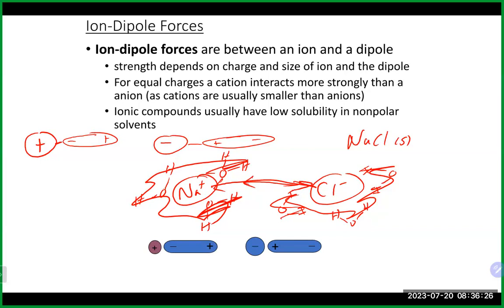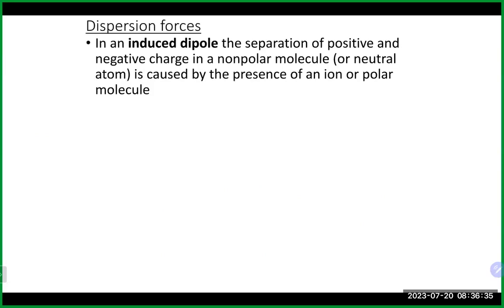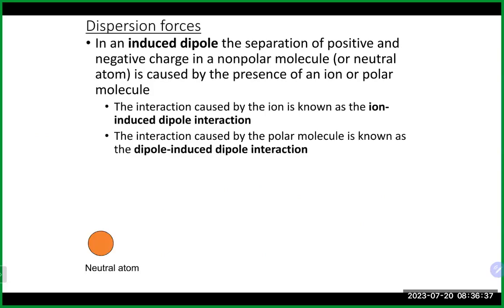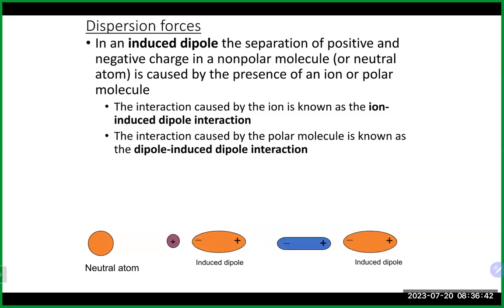So ion dipole is a more specific classification of an intermolecular force, where an ion and a polar molecule are attracted to one another. Now, what happens for all of our other guys, like non-polar molecules?